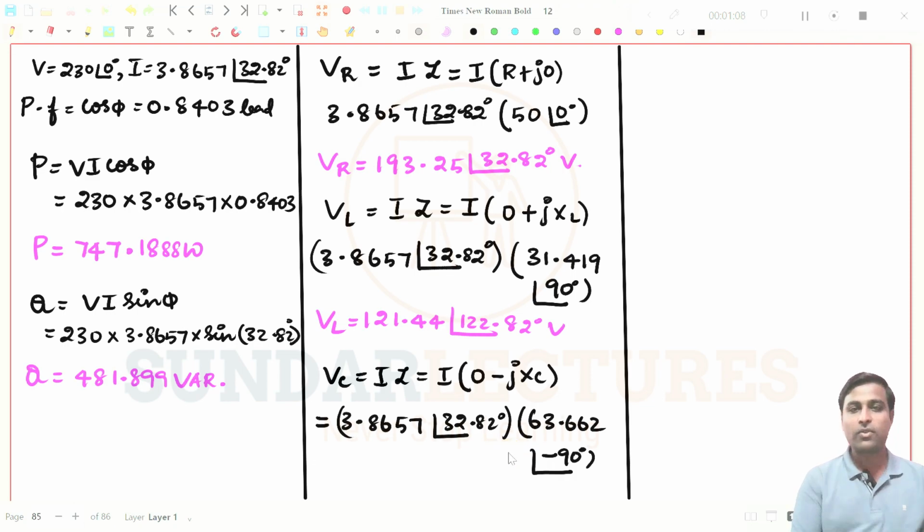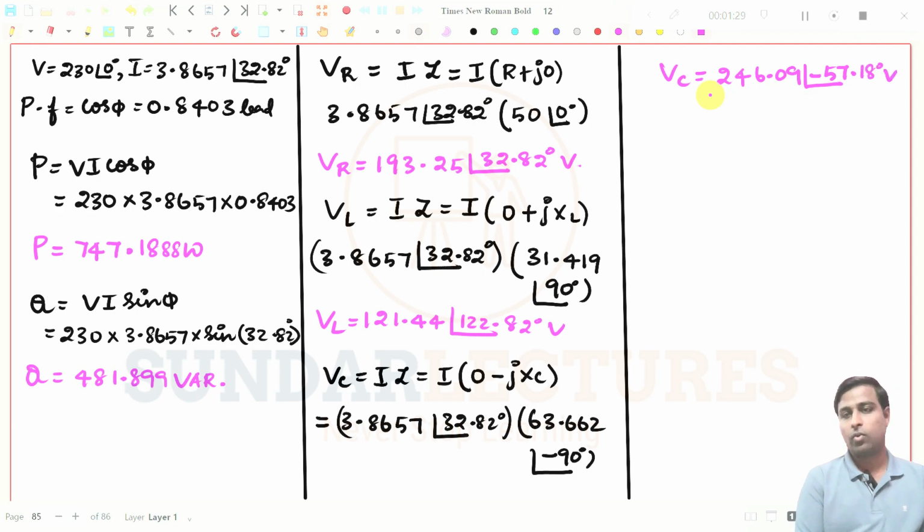If you simplify this one, I am getting VC with magnitude 246.09 at an angle of minus 57.18 degree.